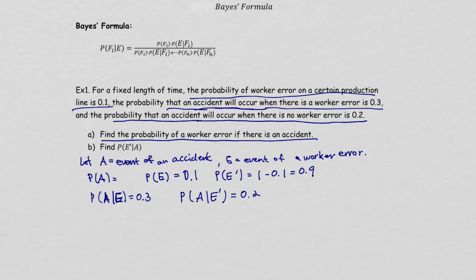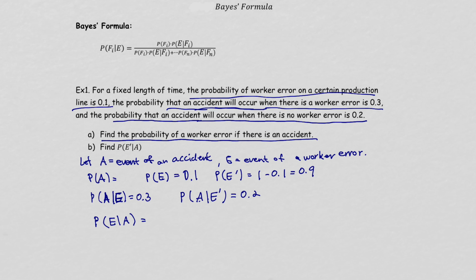So we want to find the probability of E given A. We have A given E or A given E not, the probability of E and the probability of E not are given, but there is no probability of E given A.